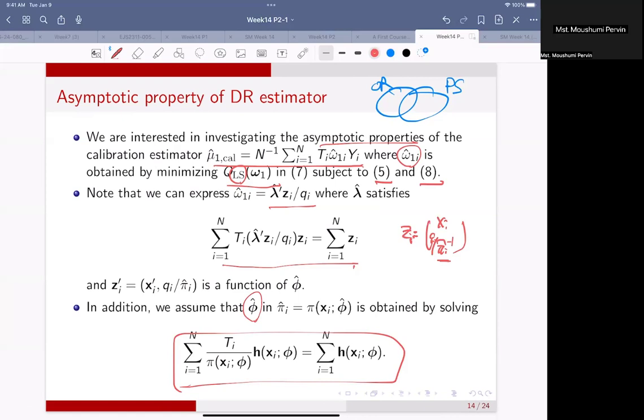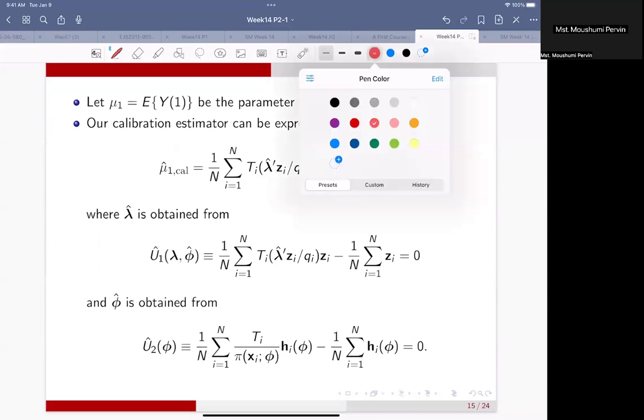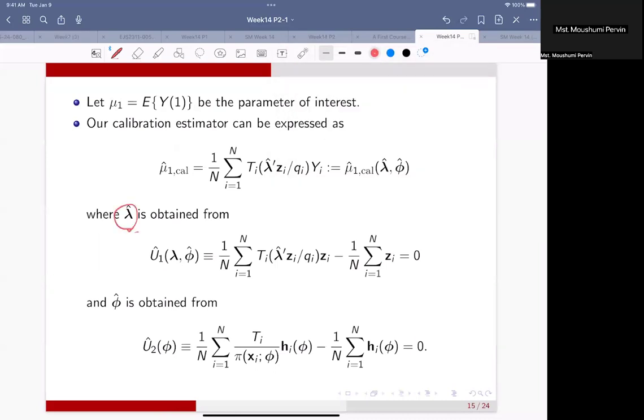Okay. So let's clarify the parameter of interest and the nuisance parameters, things like that. It seems that we have one nuisance parameter, which is lambda. So lambda hat is an estimated nuisance parameter that determines the calibration weight, right? Omega i hat is a calibration weight, which is a function of lambda hat.